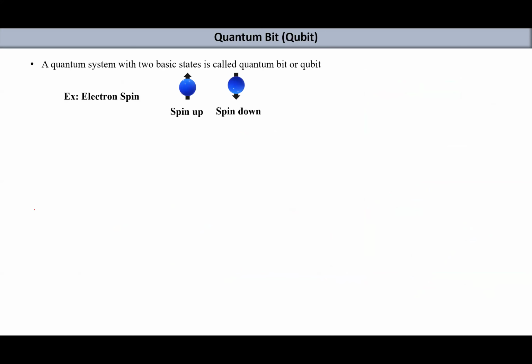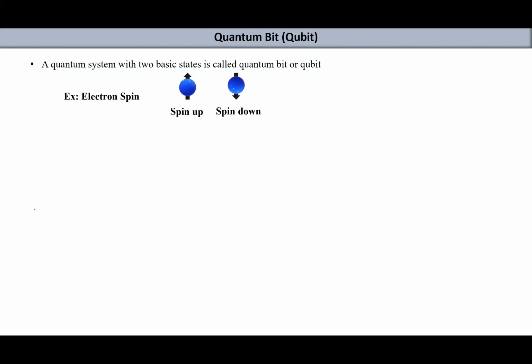Now, coming to the quantum computing part. We will talk about it in detail, but I'm giving some overview so that your interest in quantum gates and quantum circuits will develop after looking through these slides.